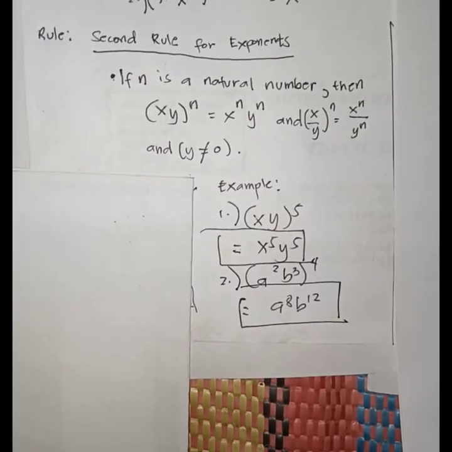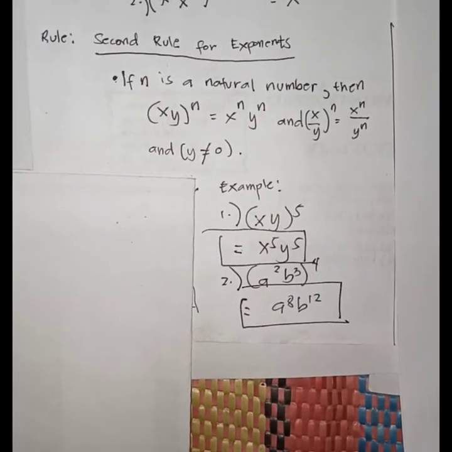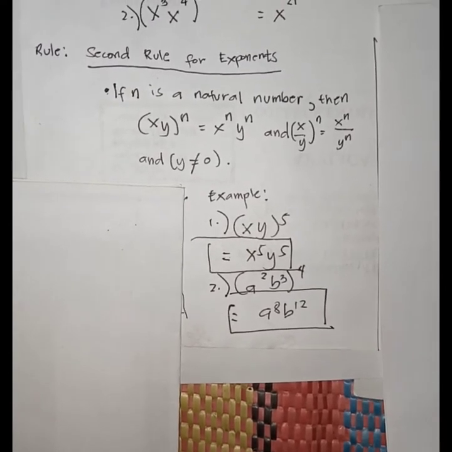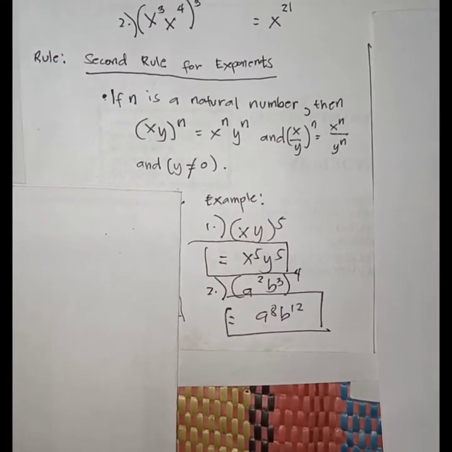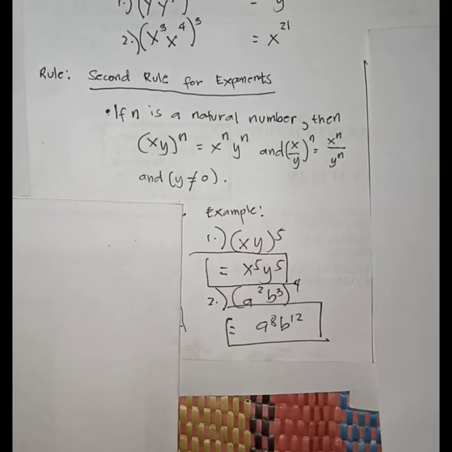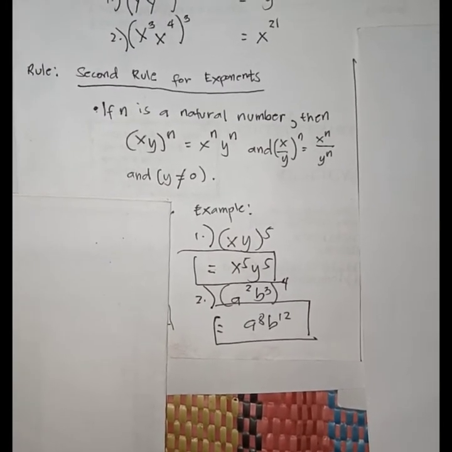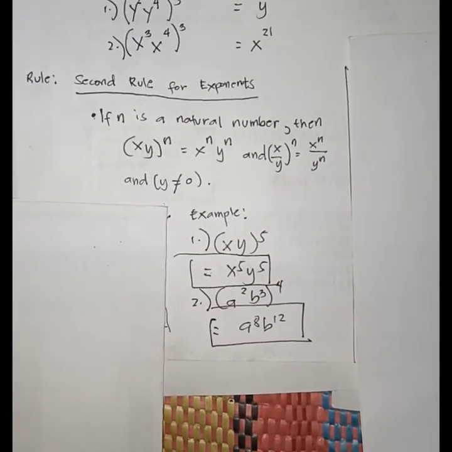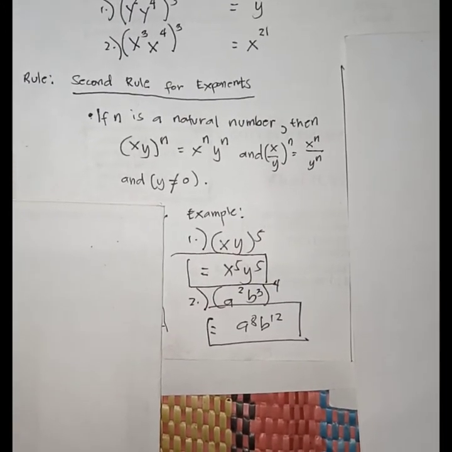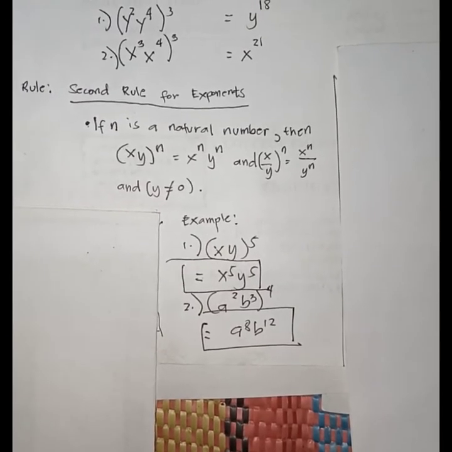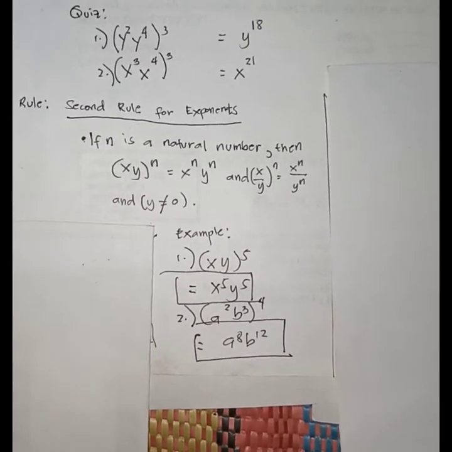Now we have another rule, the second rule for exponents. If n is a natural number, then x y, in parentheses, raised to n is equal to x raised to n and y raised to n. And x over y, in parentheses, raised to n is equal to x raised to n over y raised to n, and y is not equal to 0.